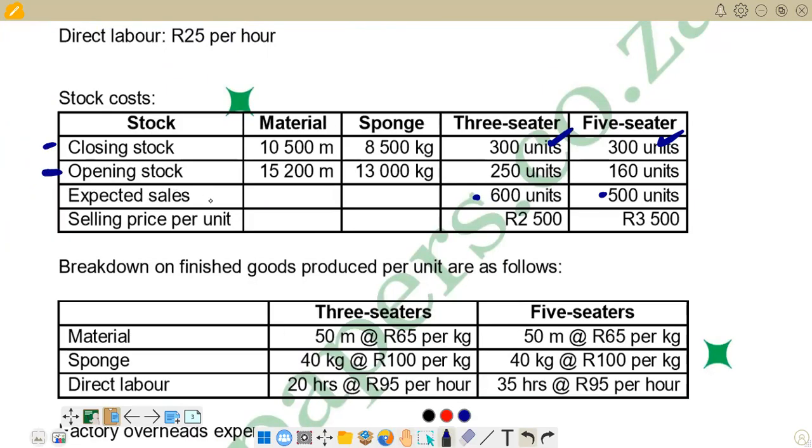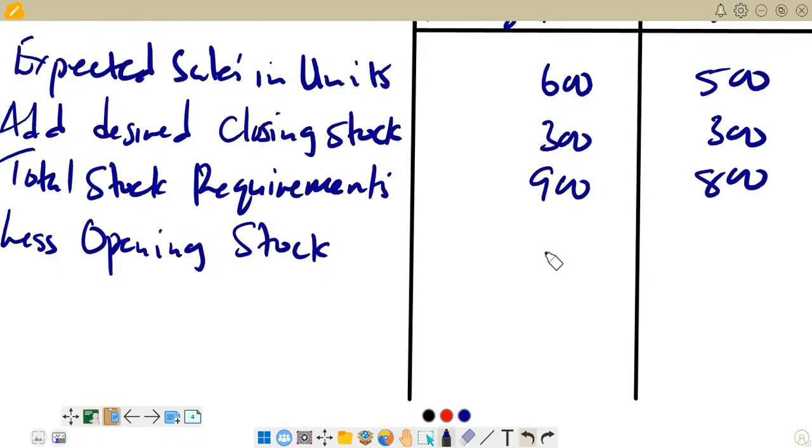We are saying our opening stock is 250 units for 3-seater and 160 units for 5-seater. So we come here. We are saying 250, and remember here we are saying less. So here we are subtracting, and then we have 160 for 5-seater. So 160, and then we show by brackets that we are subtracting. Then the final figure that we are going to get there is the number of units to be produced.